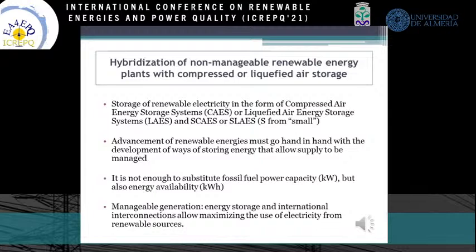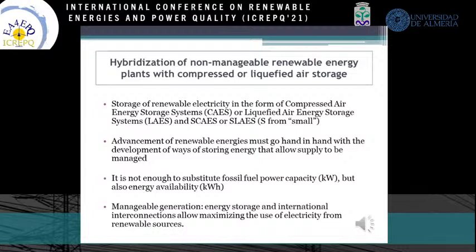It is not enough to substitute fossil fuel power capacity, but also energy availability. In addition to a reduction and correct allocation of emissions in the sector, a stabilization of the network, and a greater use of infrastructures that are designed for certain nominal operating parameters is achieved.